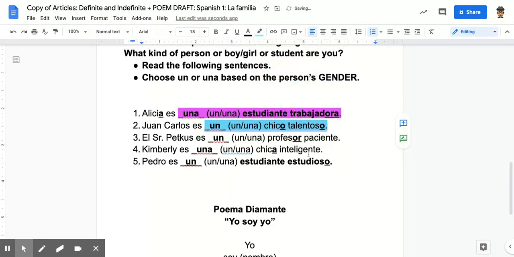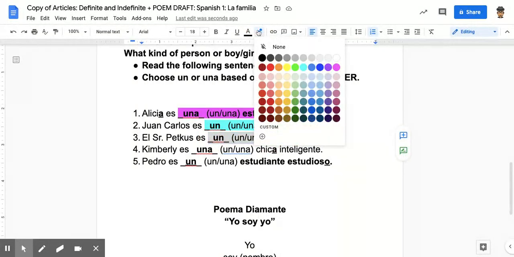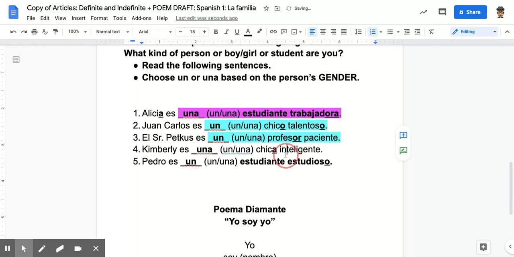Toca la guitarra, canta y baila. El señor Pecus es un profesor paciente. Also, masculine. Aquí, Kimberly es una chica inteligente. Y aquí Pedro es un estudiante estudioso.